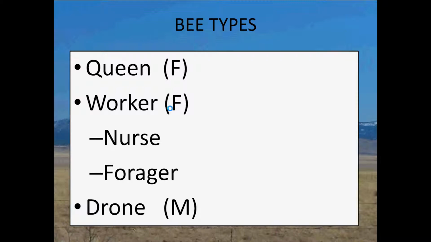There's the queen, the worker, and the drone. The queen and workers are female, but only the queen is fertile. The drone is male, and their only job in the colony is to mate with the queen and produce more larvae. And the worker bees, as you can see, can be further differentiated in different categories, such as the nurse bee and the forager bee.